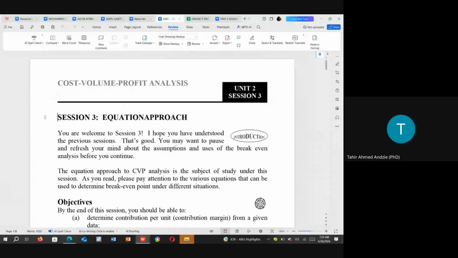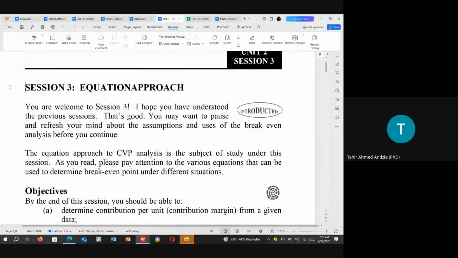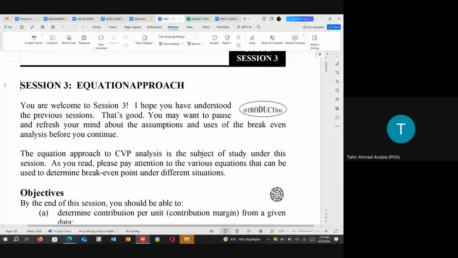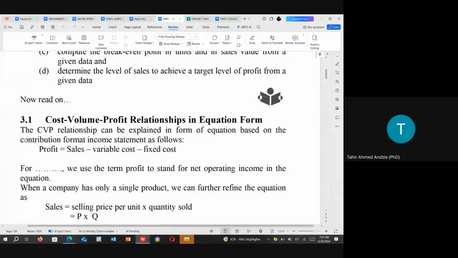Yeah, so we're talking about the break-even analysis using the equation approach. We said that the cost-volume-profit relationship can also be explained in the form of an equation based on the contribution format income statement as follows.